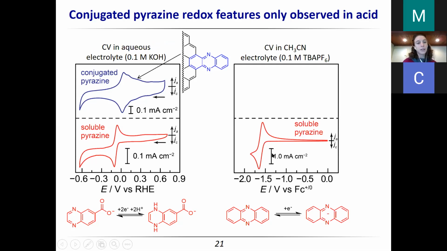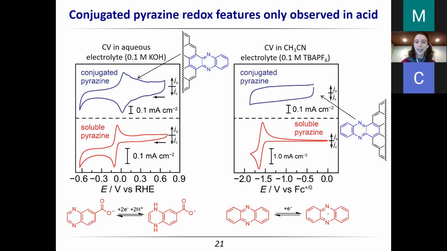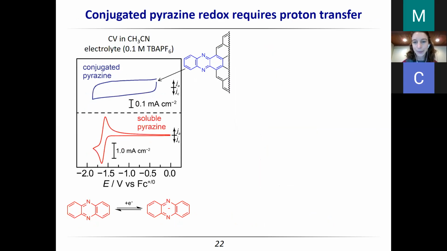And now, based on what we saw in water, we would expect to see something analogous with just the electrode and nothing in solution. But instead, actually, we saw nothing. So that was interesting. In water, we're observing this analogous electrochemistry, but in acetonitrile, all of the redox chemistry seems to disappear at that conjugated site.